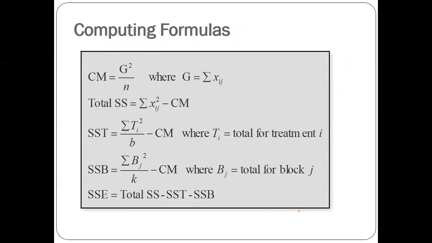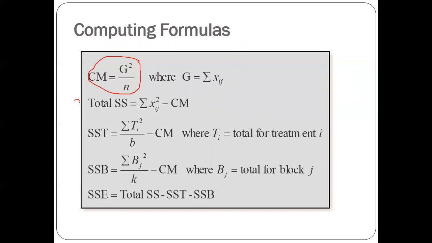It is the same as one-way ANOVA that uses the completely randomized design, or CRD design, where the value of CM refers to the grand total squared divided by n. So the first step is we must get the value of CM, that is the grand total squared divided by n.